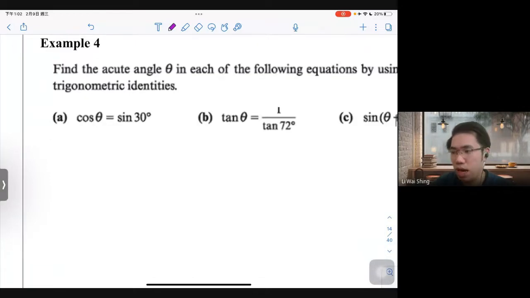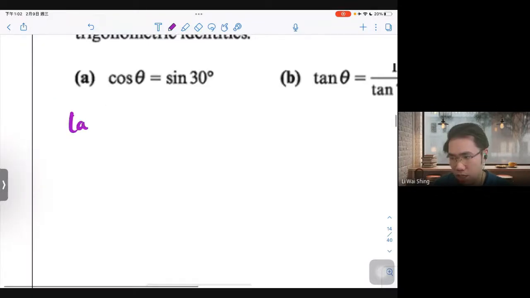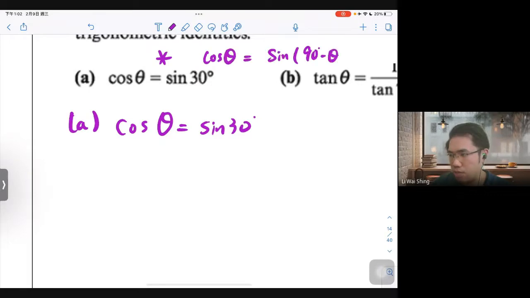For example, I want to find theta here. Instead of using a calculator, without using a calculator, you want to find theta. So let's think how to do that. I know that cosine theta can be written as sine 90 degree minus theta.